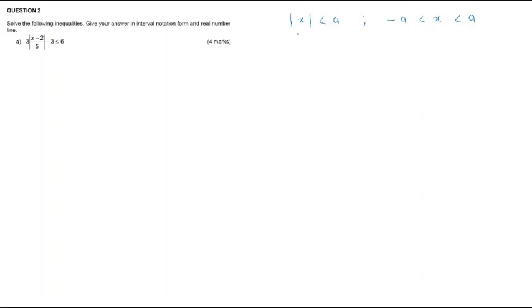However, by looking at this, on the left is only modulus x. However, here on the left we have modulus and we have 3 and negative 3. So first we want to bring negative 3 and 3 to the other side so that on the left we only have modulus so that we can apply this theorem.